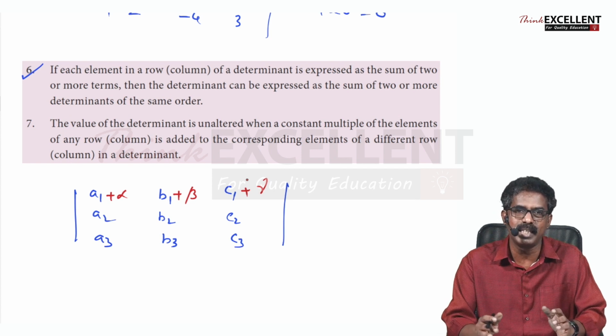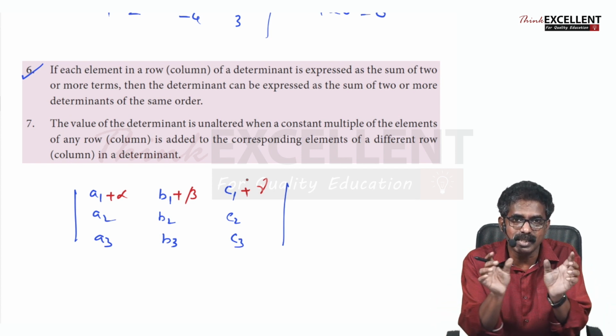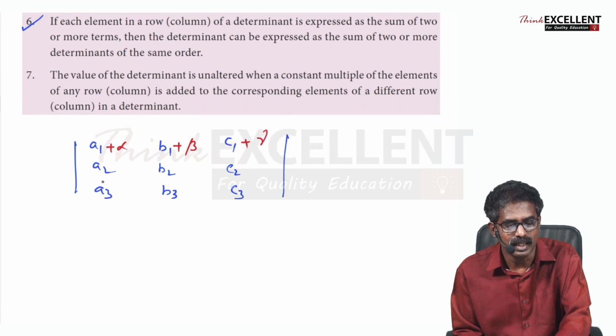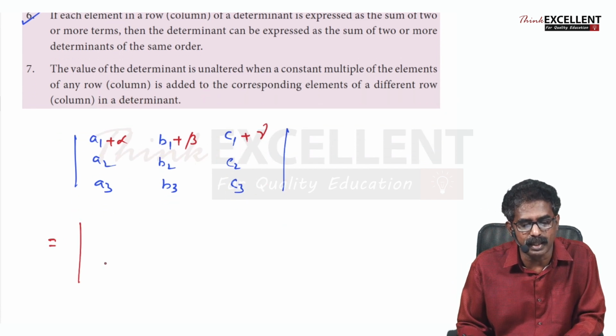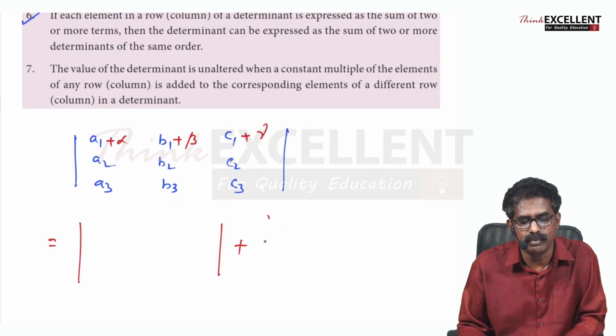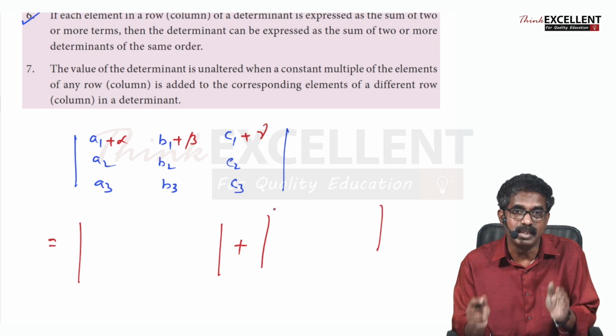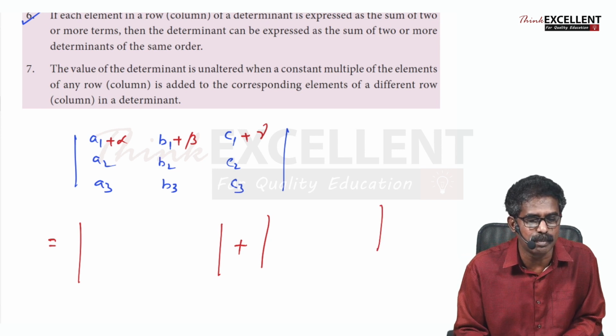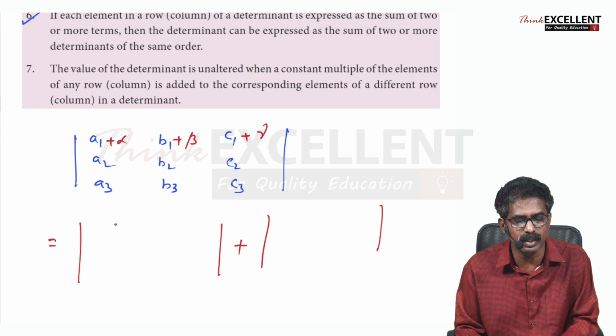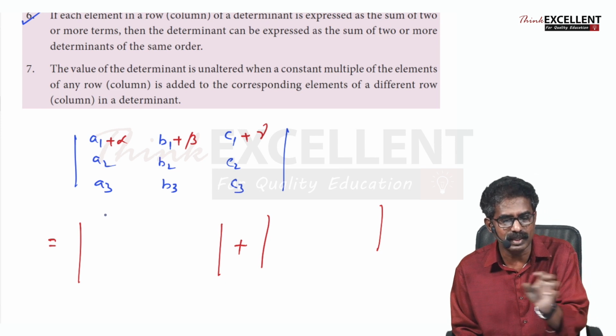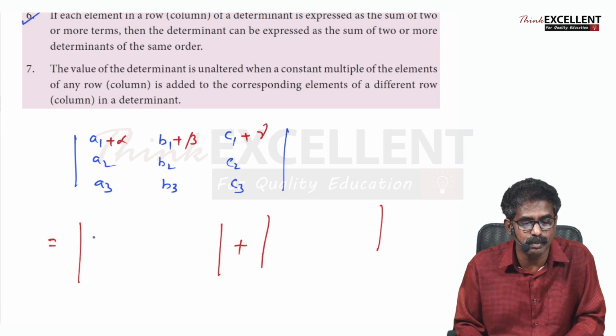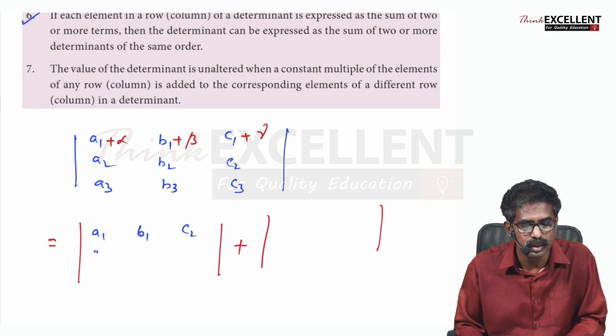What's the speciality? The first row elements are all the sum of 2 terms. Then this determinant can be written as the sum of 2 determinants. How? First one, what do you write, you know? In the first row, you take the first elements: a1, b1, c1. Second row a2, b2, c2, a3, b3, c3, right?